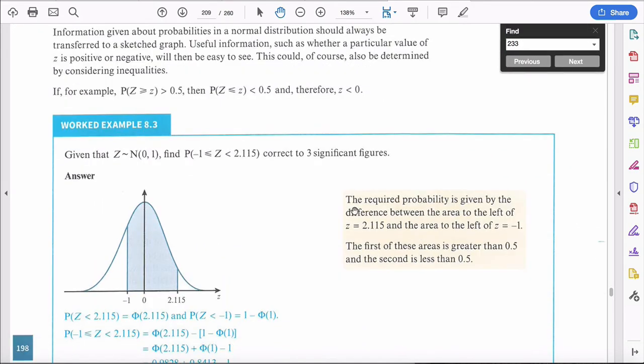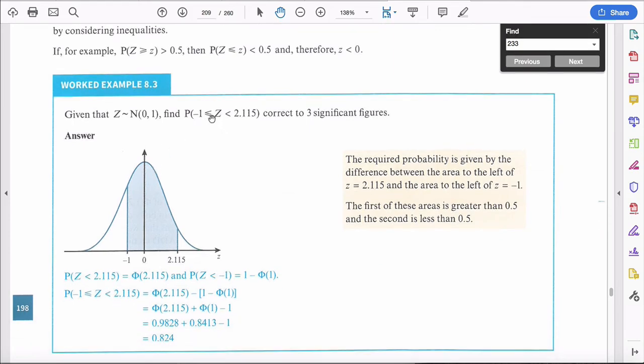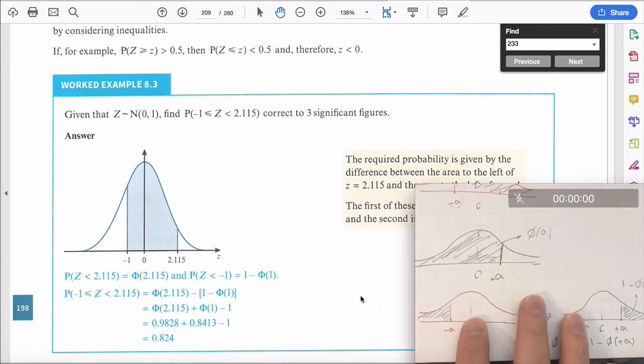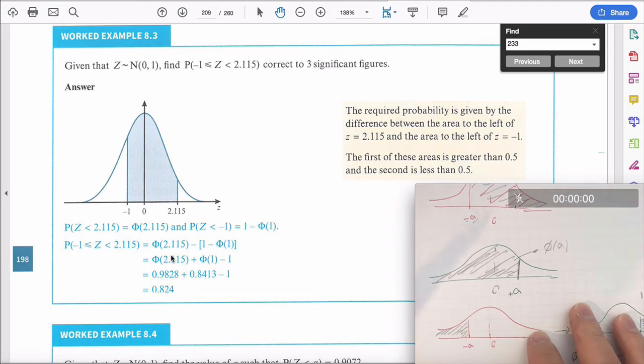Okay, now look at this case. Probability of z between negative 1 and 2.115, correct to 3 significant figures. I hope you all saw these cases now. So negative 1 is here, 2.115 is here. So it will be phi of upper bound minus phi of lower bound. Let me write it for you.